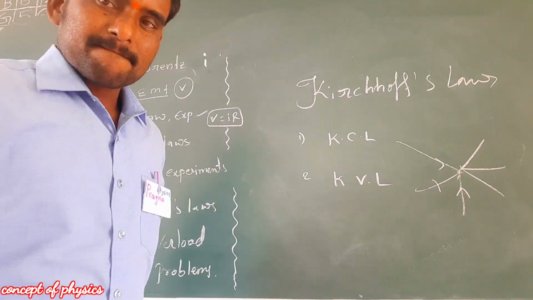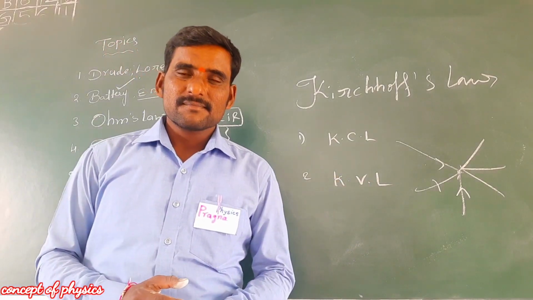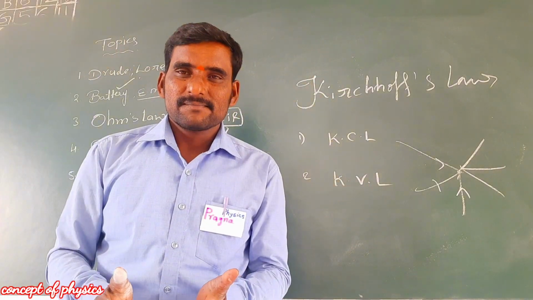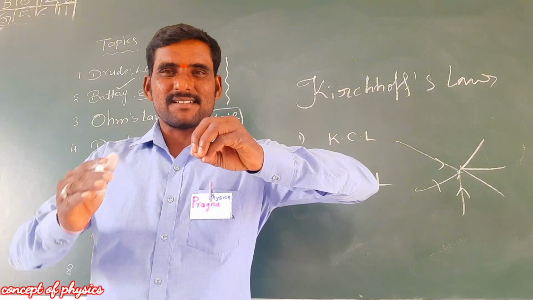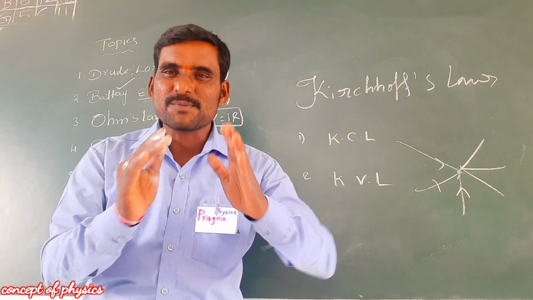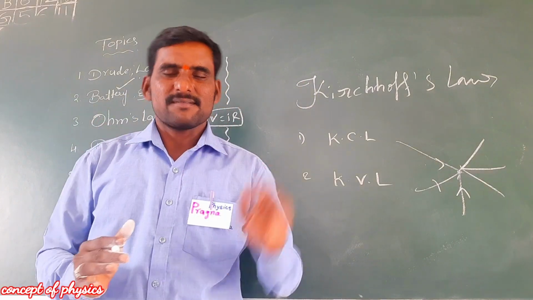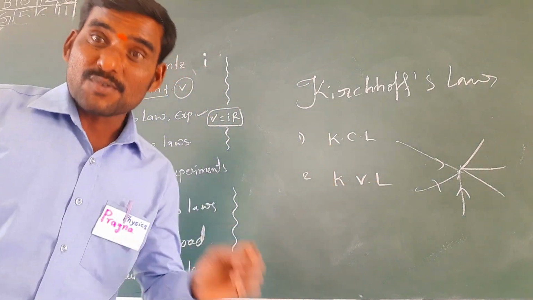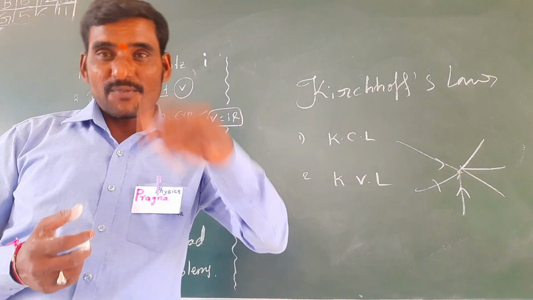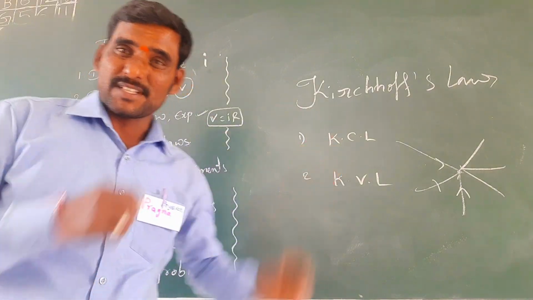Very simple. Loop law: in a loop, the increase and decrease in the potentials must equal 0. The algebraic sum should be 0. They ask these for 2 marks also. We'll go into this in the next class.